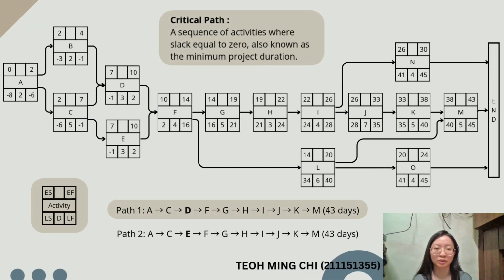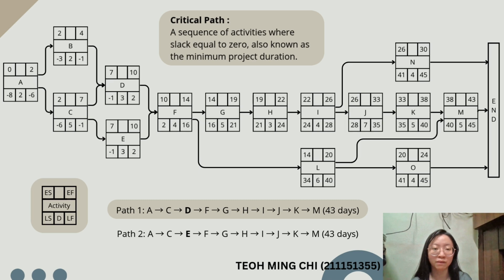The critical path is a sequence of activities where slack equals 0, also known as the minimum project duration. In this project, there are two possible critical paths: path 1 is A, C, D, F, G, H, I, J, K, M, and path 2 is A, C, E, F, G, H, I, J, K, M, which both take 43 days.